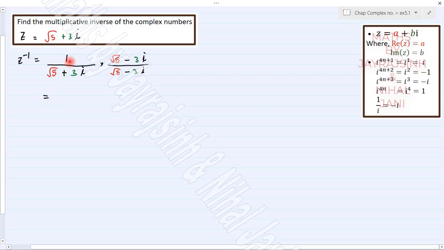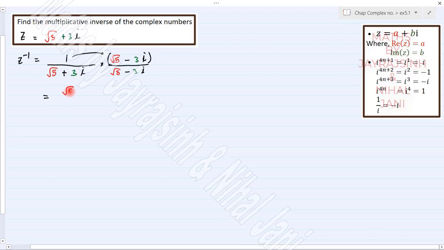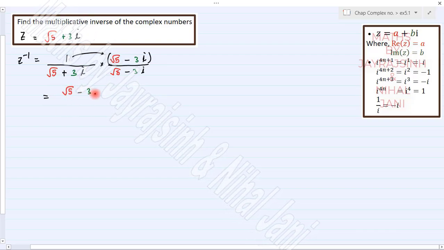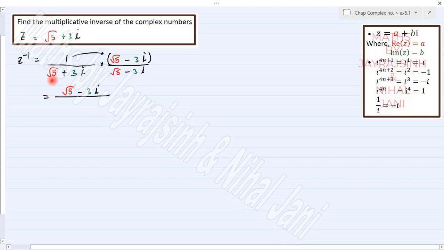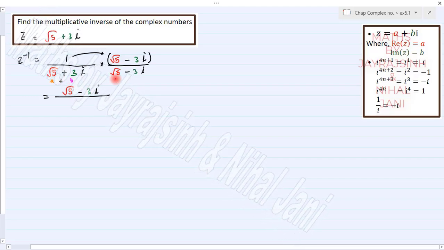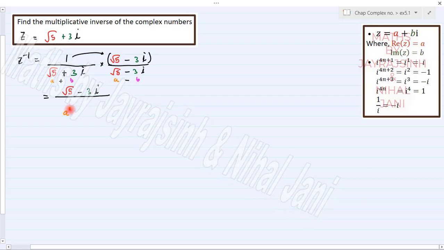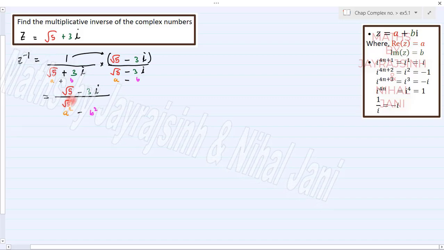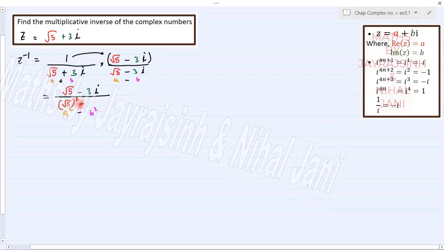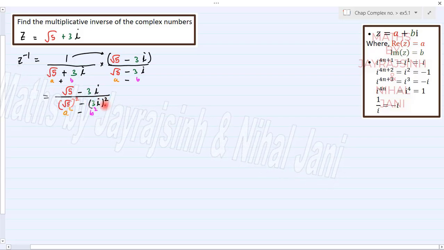Now, in the numerator, 1 into root 5 minus 3i, root 5 minus 3i, upon, in the denominator, we have a + b into a minus b form, which will become a square minus b square. So in this case, we will get root 5 square minus (3i) whole square.